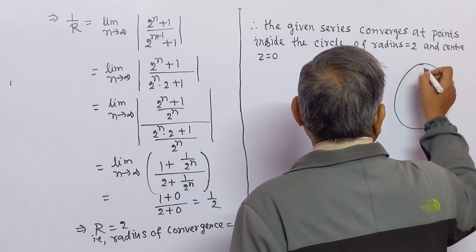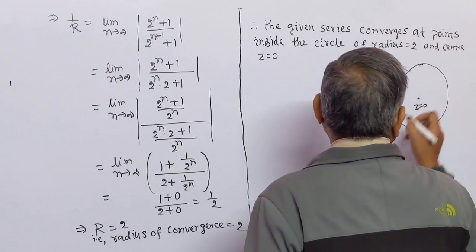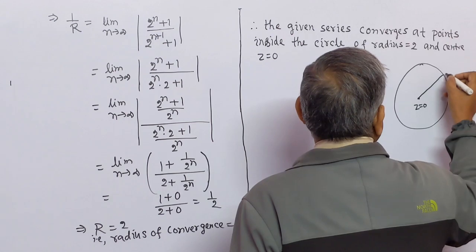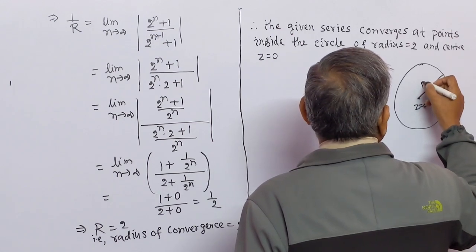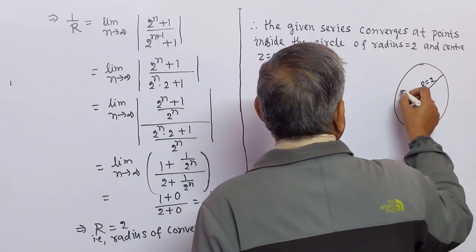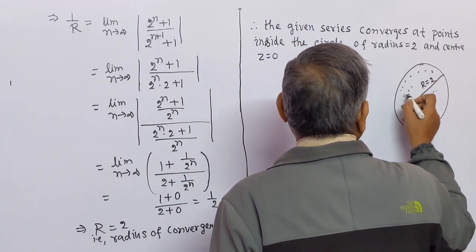Here this is a circle whose center is z equal to 0 and radius be 2. The series is convergent at the points inside the circle.